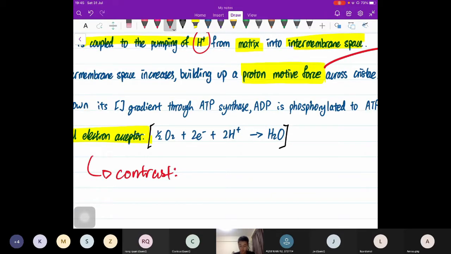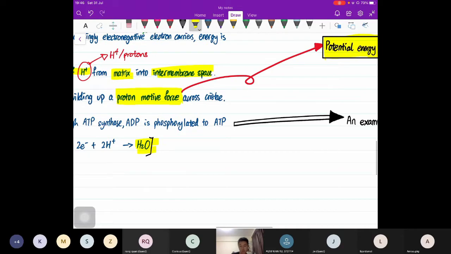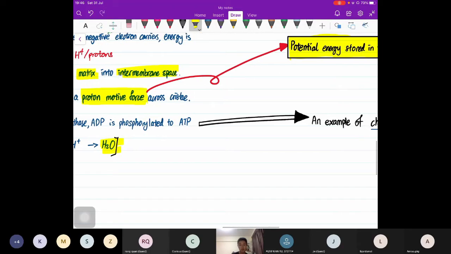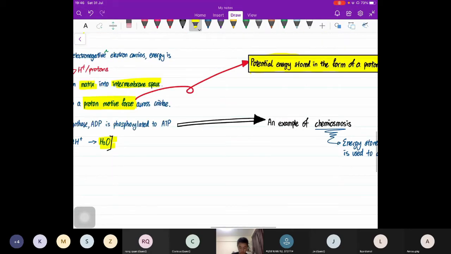So O2 is your final electron acceptor, one oxygen atom combines with 2 electrons and 2 protons, and then it forms your water molecule. And there are functions of this water molecule, also known as metabolic water. Desert animals use it a lot to get sources of water.